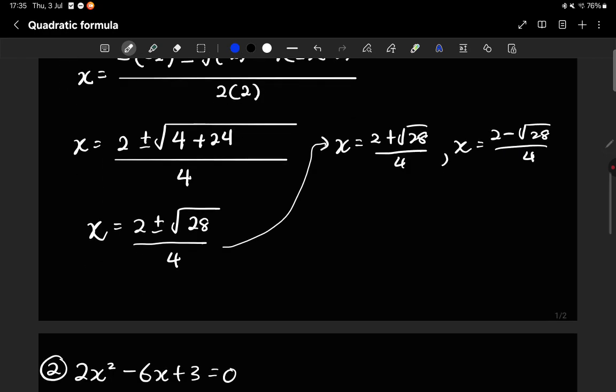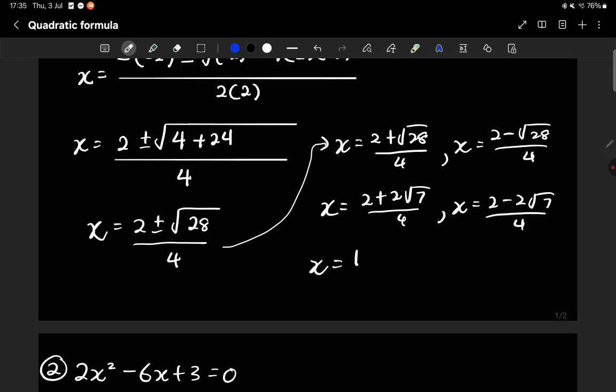Now we're almost done. All we have to do is simplify our answer, and root 28 gives us 2 root 7. This gives us x equals 2 plus 2 root 7 over 4, which gives us 1 plus root 7 over 2, and x equals 1 minus root 7 over 2.